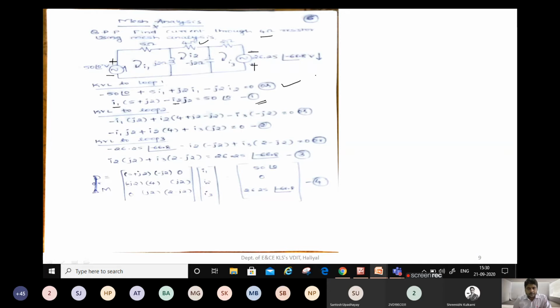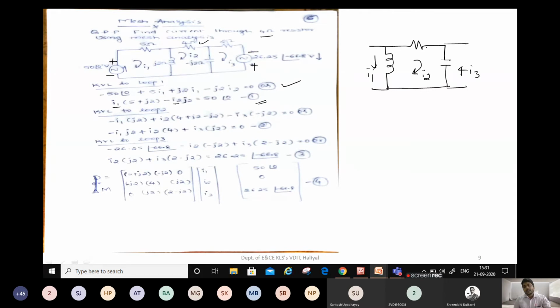Yes, sir. Okay. So now make a similar approach for loop 2. So in loop 2, we have things like this. This we have considered as I2, and here this is loop 1. Here already I1 is coming, and here I3 is flowing like this.